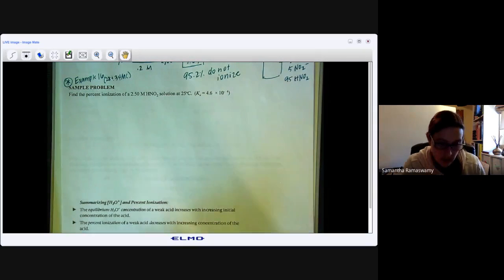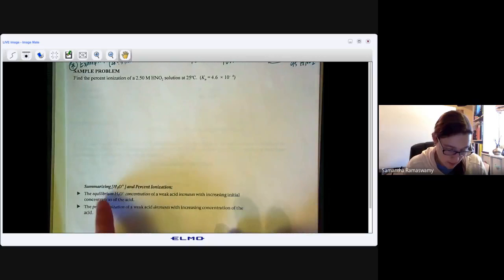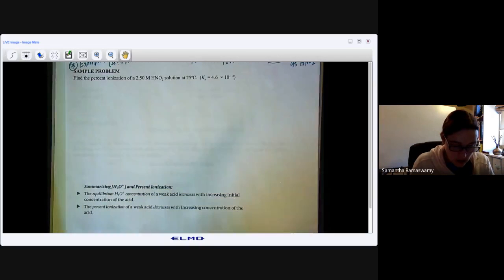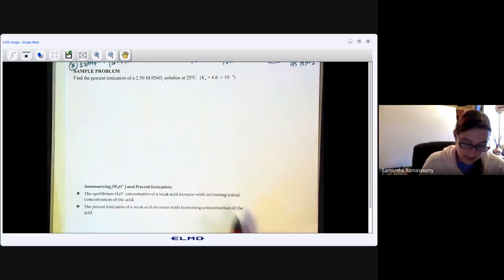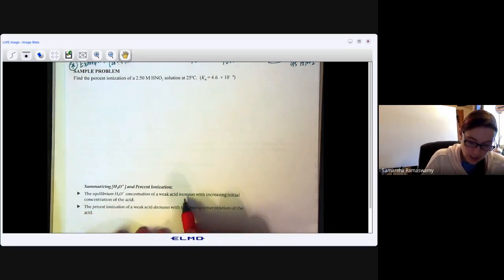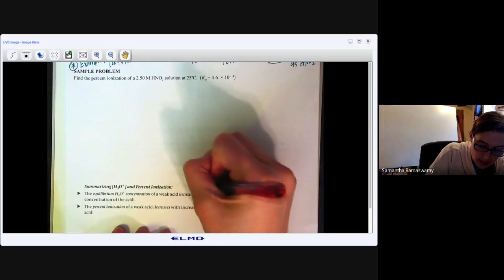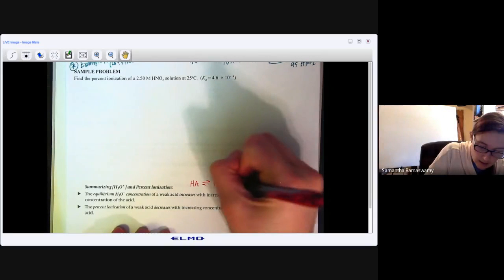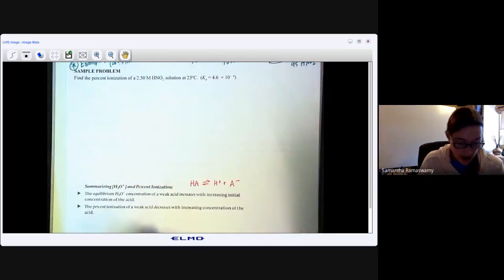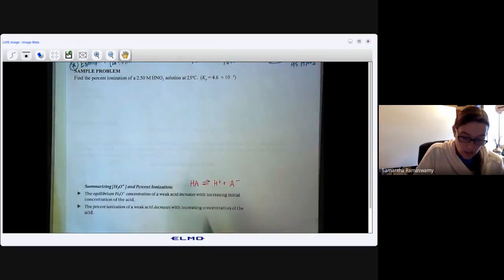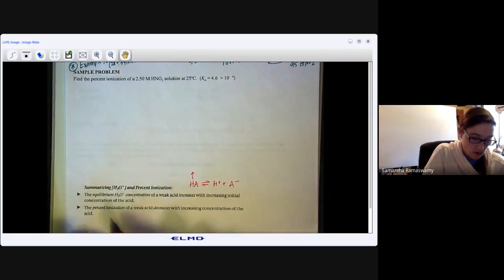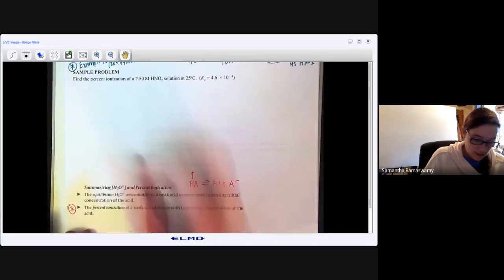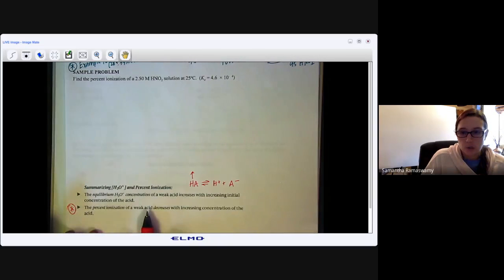Down here at the very bottom, something important with percent ionization is that as we increase the concentration of an acid, so let's say I just have this weak acid, HA, H plus and A minus, as we have more and more acid, the percent ionization actually decreases. And that's because of Le Chatelier's principle.